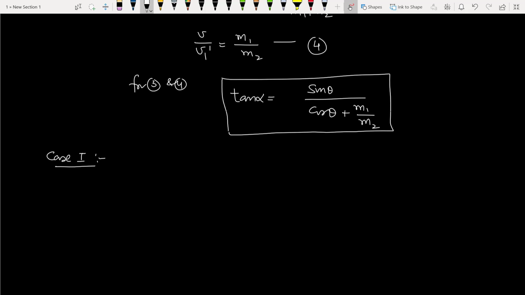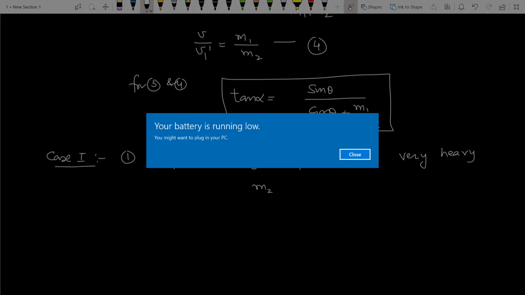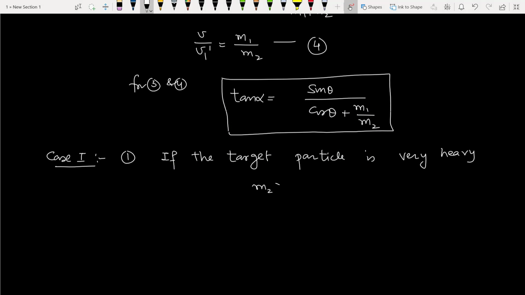If the target particle is very heavy, so m2 is much greater than m1, then m1 by m2 is negligible.